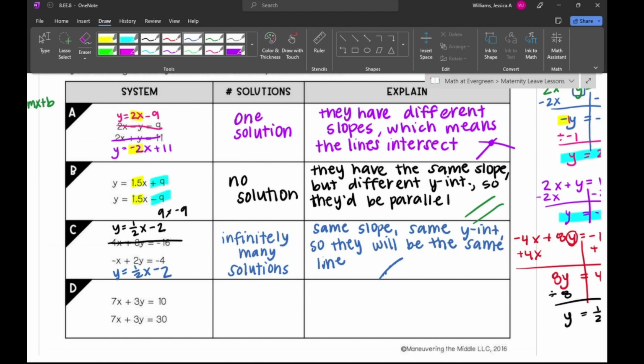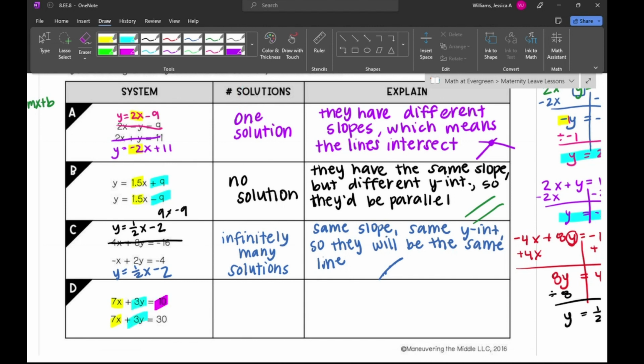Okay, and that last one, this is not in slope-intercept form, but we can look at this and see that most of it is all the same. Like this 7x and this 7x, this 3y and this 3y.